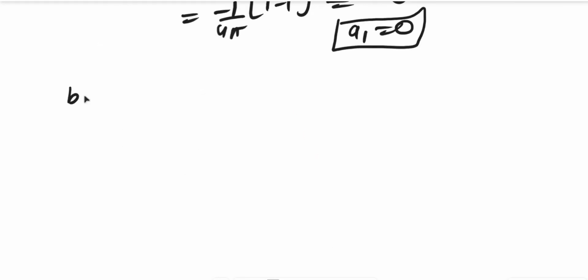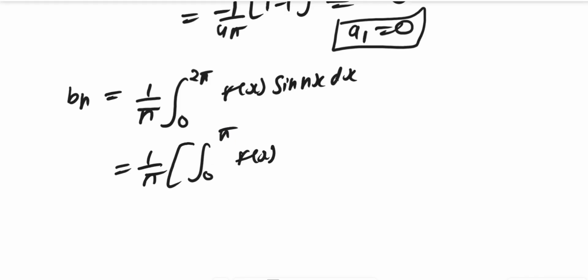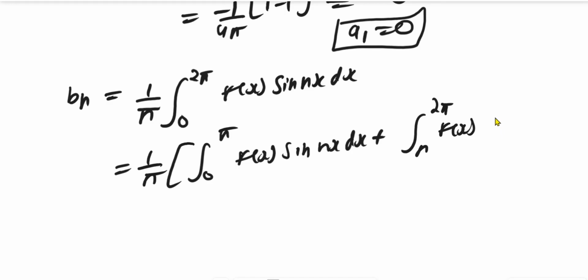Now we need to find bn, which is given by 1 upon pi, integration 0 to 2 pi, f of x sin nx dx. Again we have to break the interval, so it is 1 upon pi, integration 0 to pi f of x sin nx dx plus integration pi to 2 pi f of x sin nx dx.